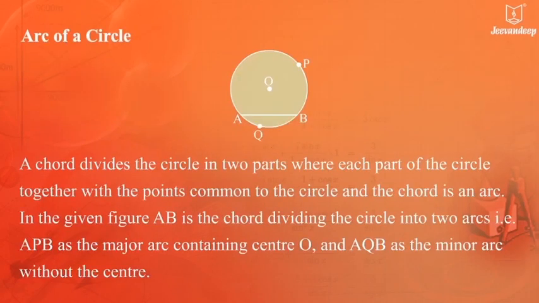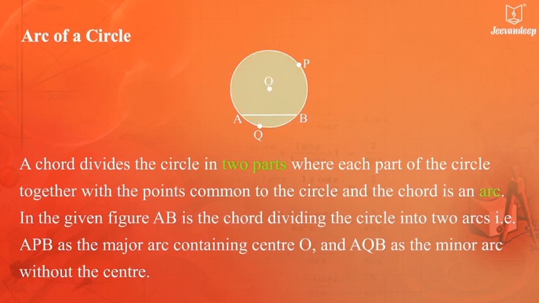Arc of a circle. A chord divides the circle in two parts, where each part of the circle, together with the points common to the circle and the chord, is an arc.